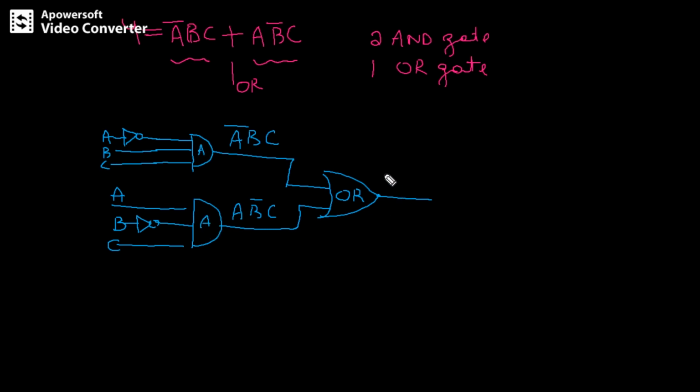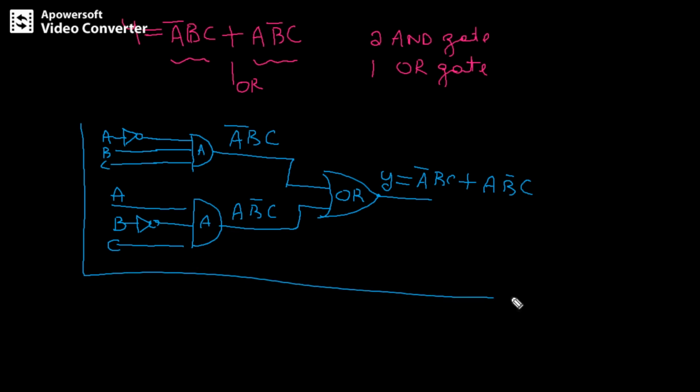So the output is Y is equal to A bar BC plus A B bar C. In this way you can draw circuit diagrams for various logical expressions. There are different ways to draw the circuit diagram, but this is the simplest way to draw the circuit diagram for various logical expressions. This circuit diagram is for the above expression.